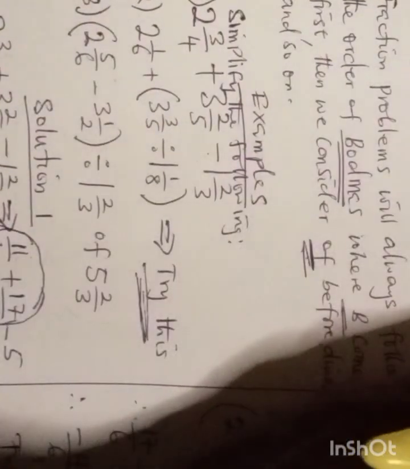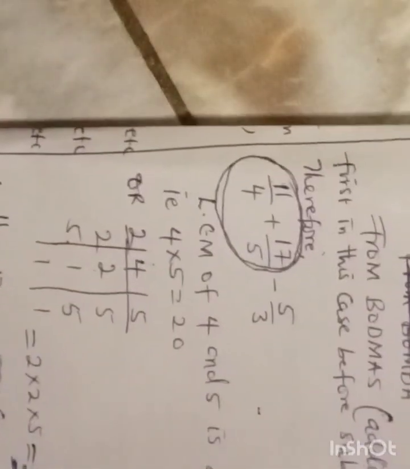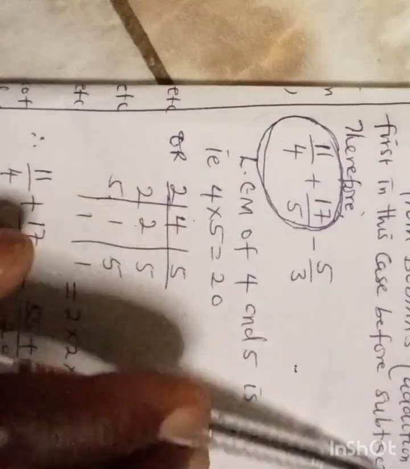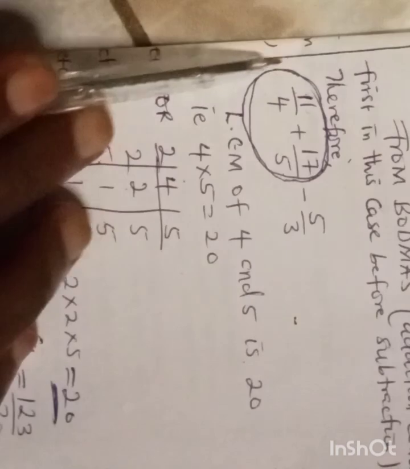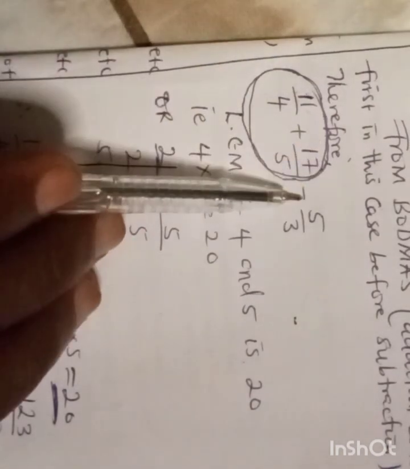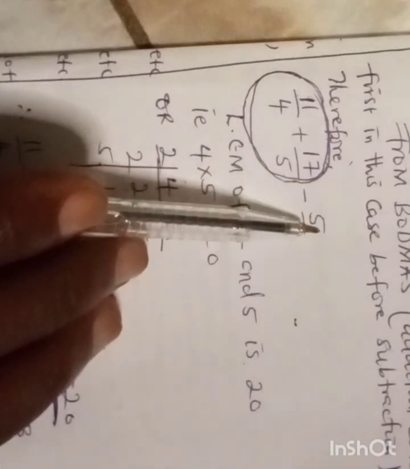So picking all this, you now have something of this nature, where from the BODMAS, addition comes first in this case before subtraction. Therefore, you now consider the whole of this one first without looking at this one. You just feel as if you're not seeing this one for now.